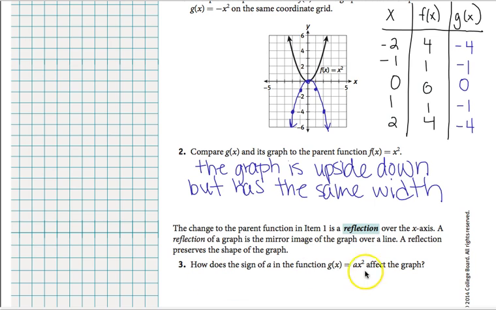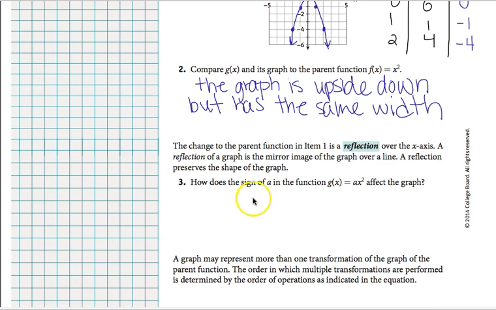So how does the sign of a in the function affect the graph? If a is positive, like it was in all of our transformations in 30-1 and 30-2, then the graph opens up.